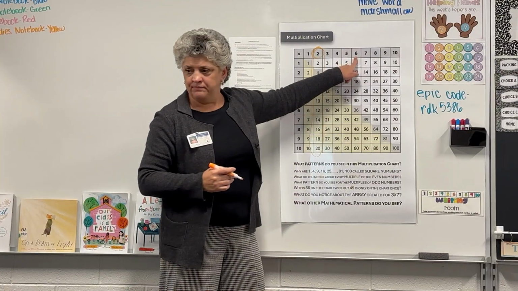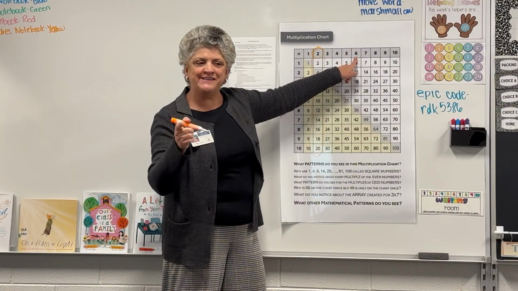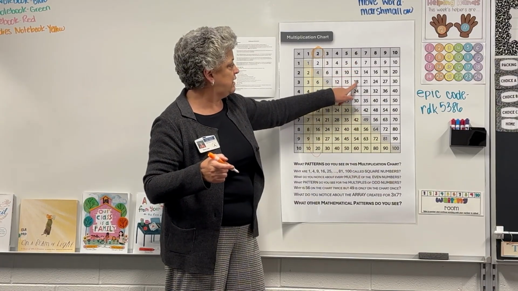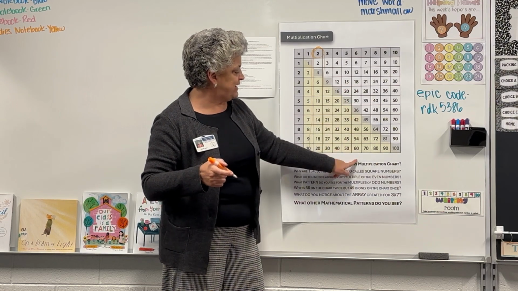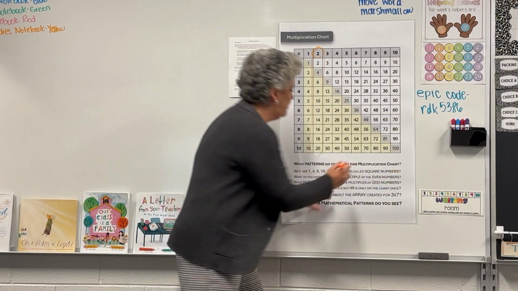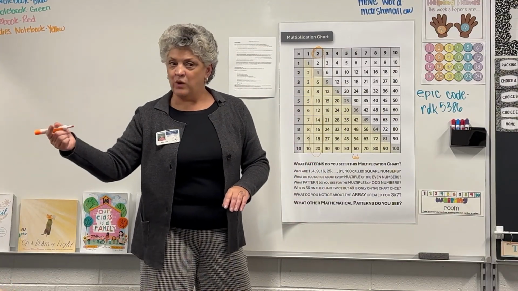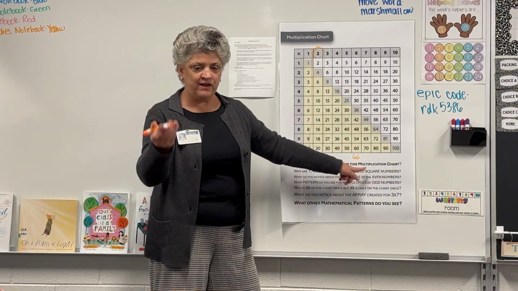What's this column? 6. What would we predict its skip counts by? 6. Does it? Yes. What would be the next number then? 66. Did it repeat itself? Yeah. Was it predictable? Yes. You found a pattern. I love it.